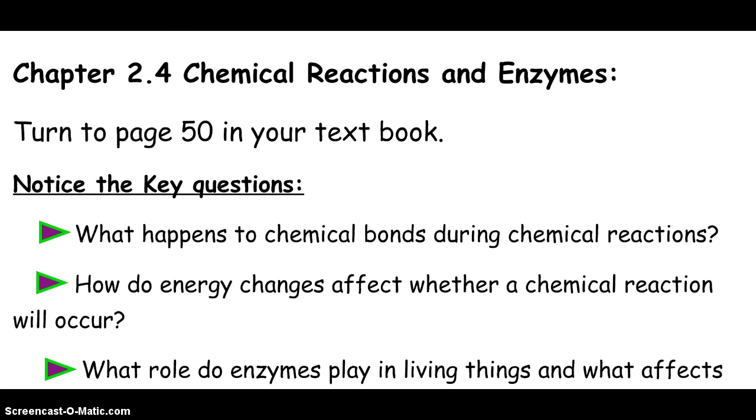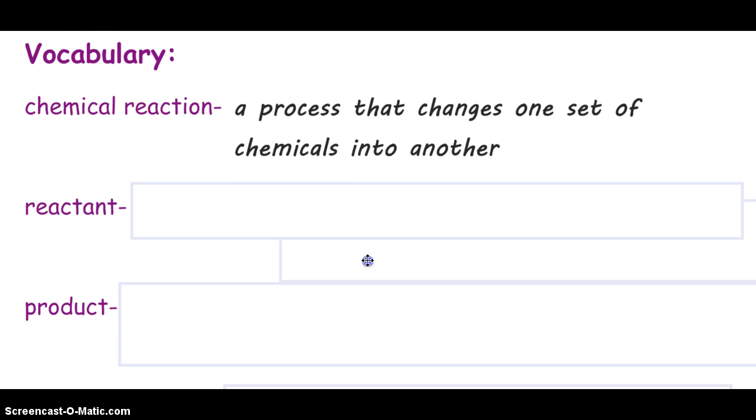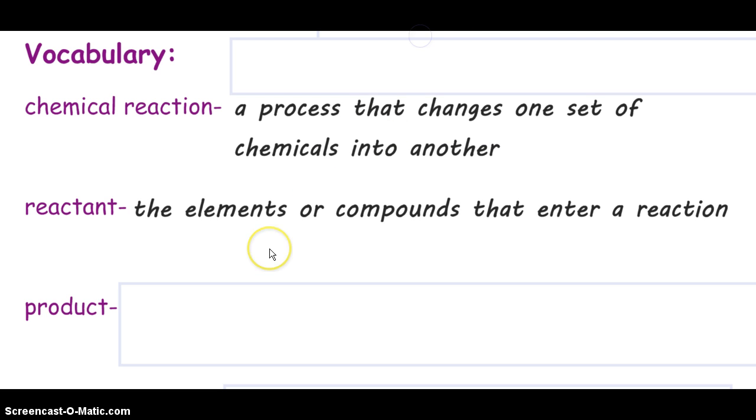So let's go back and take a look here. Let's write those down or double check them. Hopefully you had, for a chemical reaction, a process that changes one set of chemicals into another. So we did that. We're changing these molecules and rearranging them into another set of molecules. The reactant then is the elements or compounds that enter a reaction.